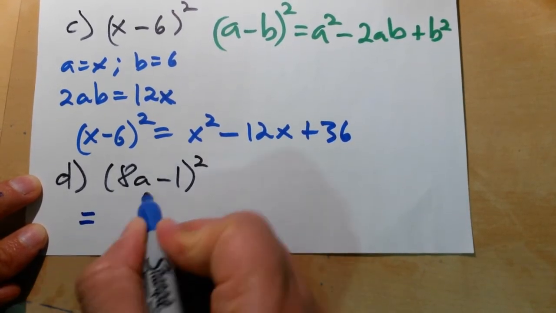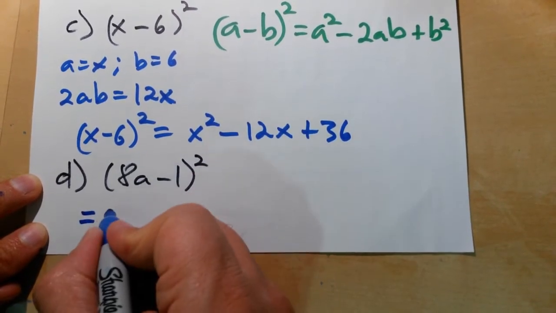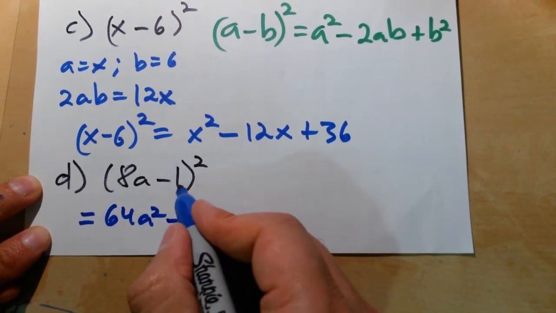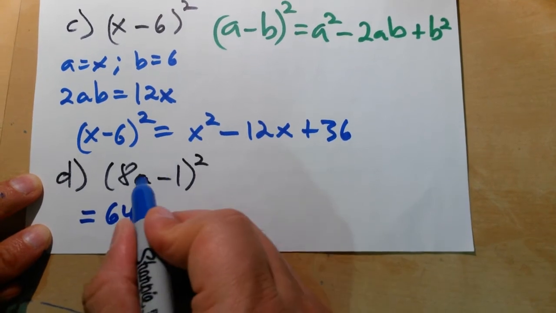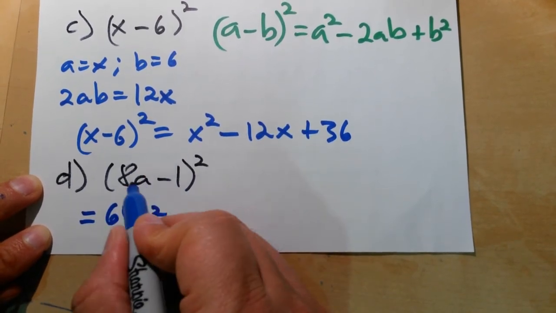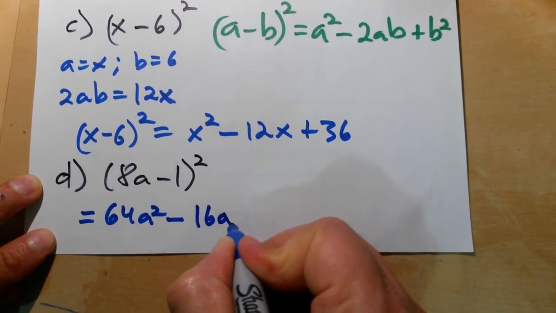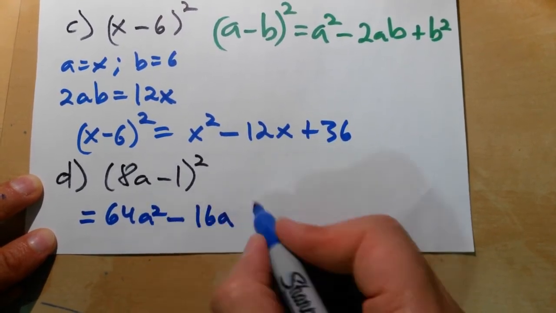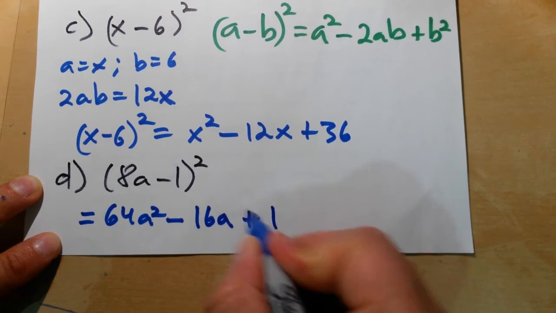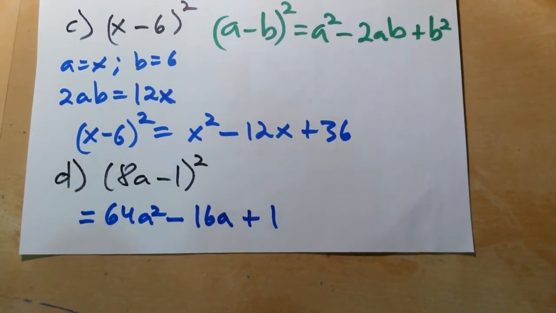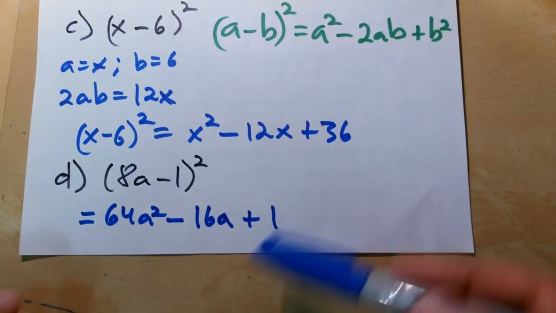A squared is going to be 64a squared. There's going to be a minus 2AB: A times B, 8a times 1, is 8a, times 2 is 16a. And our last one is plus 1, B squared. And that is our answer to this one.